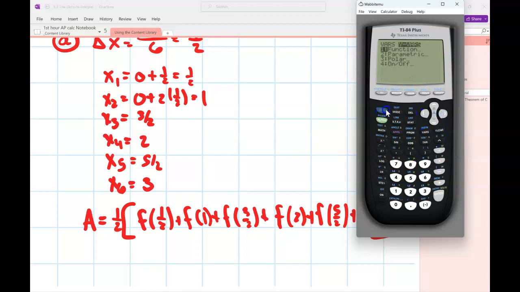Actually, let's do this a little bit smarter. We can do this a little bit easier, I think. Let's drop the parenthesis here and drop that there. Press enter, and I'll add to it the same thing, but this will now be 1.